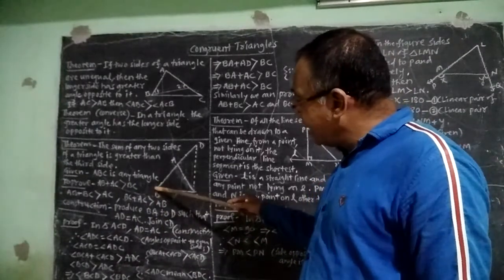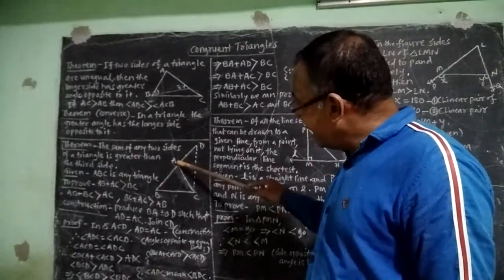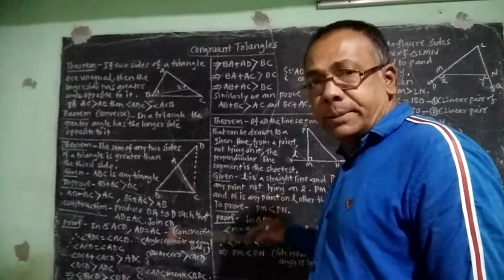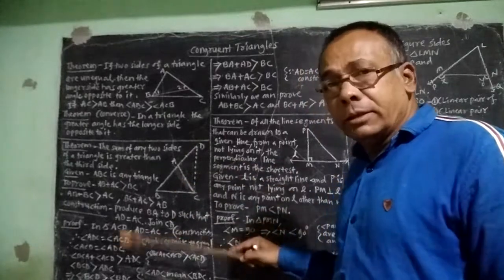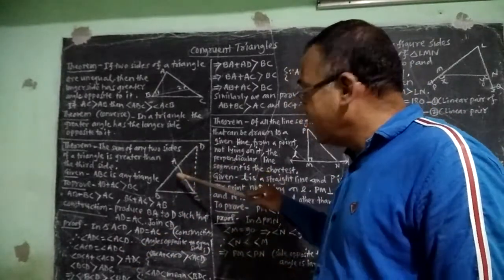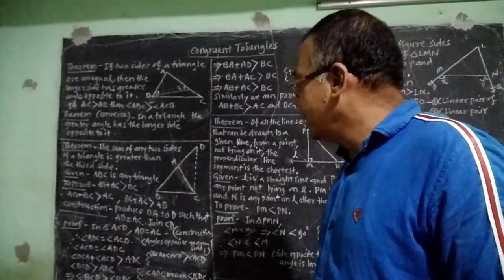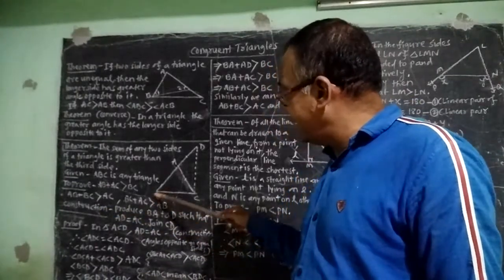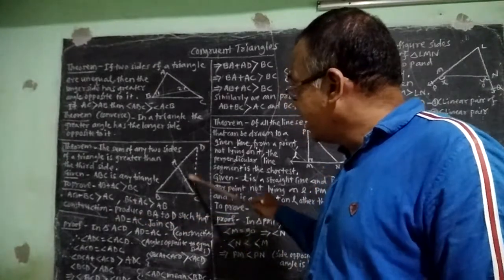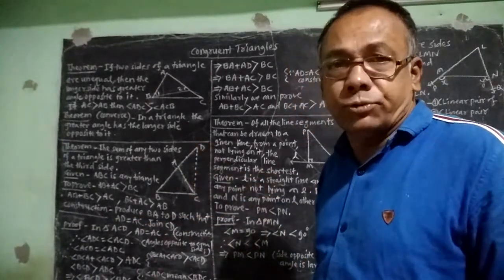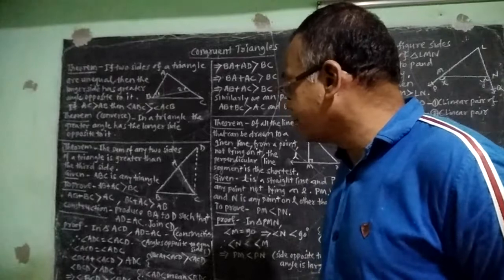Side BA is produced to D such that AD equals AC. If we join CD, then the triangle formed, ACD, is an isosceles triangle in which AD equals AC.